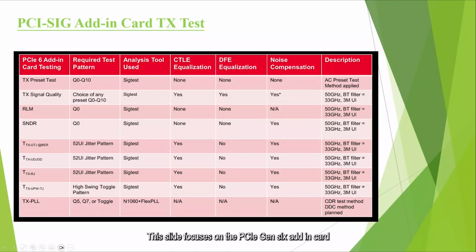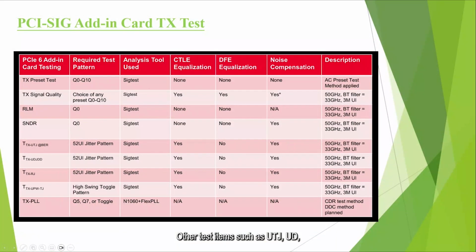This slide focuses on the PCIe Gen 6 add-in card transmitter test items. Similar to the system side test, we have preset, signal quality, and RLM tests. But add-in card testing also includes a new SNDR test. For SNDR, just like RLM, only Q0 is allowed, and CTLE and DFE must not be applied during the measurement.